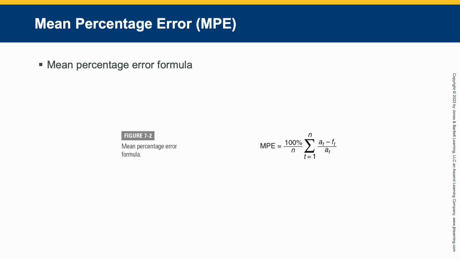For instance, MPE can be used to evaluate the accuracy of demand forecasts by calculating the average percentage difference between actual sales and forecasted sales. A company can quantify the accuracy of its demand forecasting. A lower MPE indicates more accurate forecasts, while a higher MPE suggests greater discrepancies between predicted and actual values.